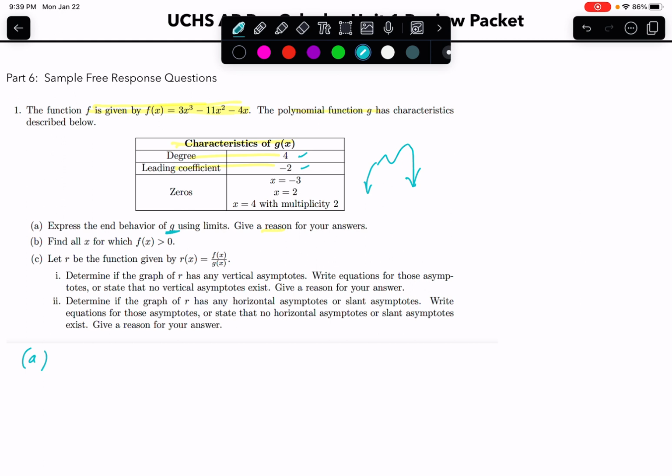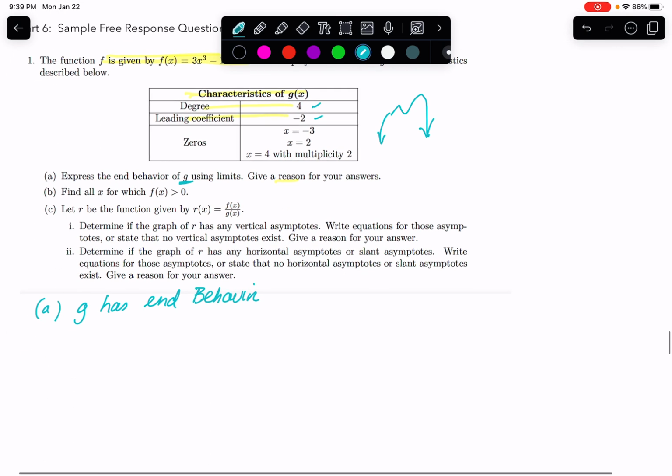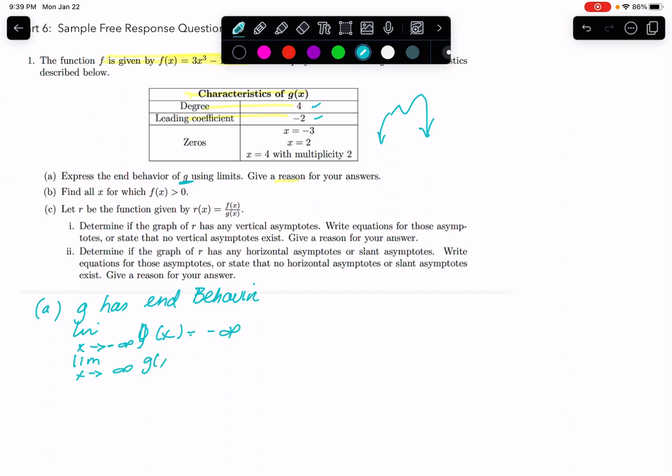So g has end behavior: the limit as x goes to negative infinity of g of x would be negative infinity, and the limit as x goes to positive infinity of g of x would also be negative infinity.